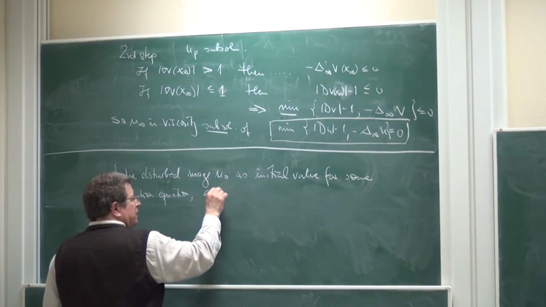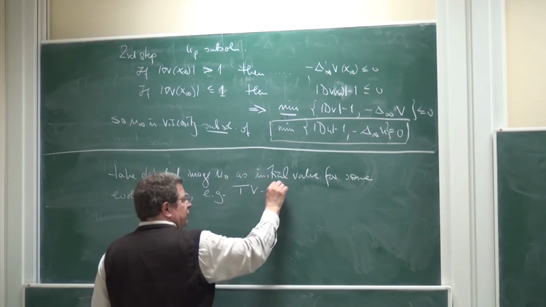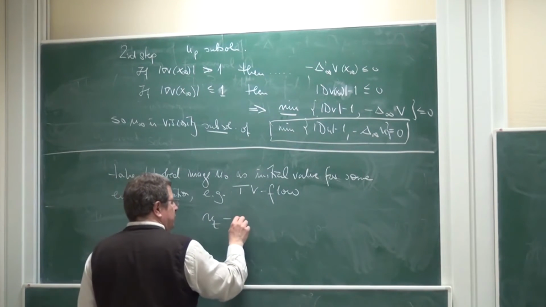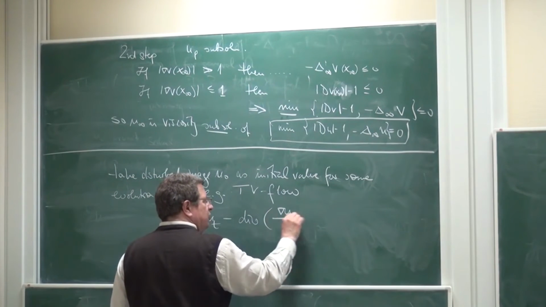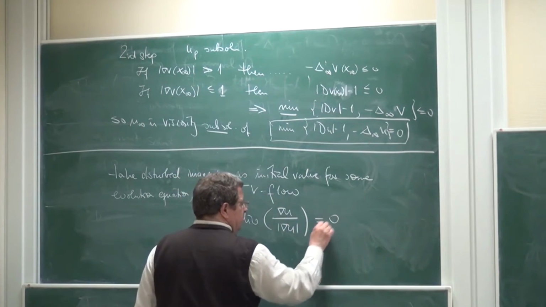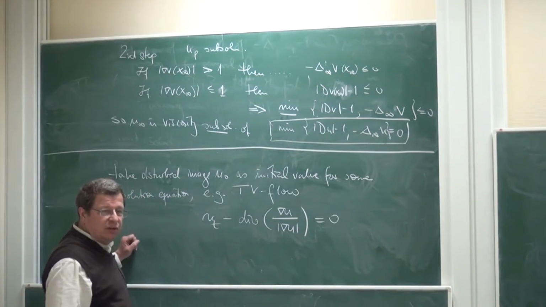For instance, for the so-called TV flow, total variation flow, and there the equation is u sub t minus divergence of gradient u over modulus gradient u equal to 0. And then you see what happens, how the function u develops in time.